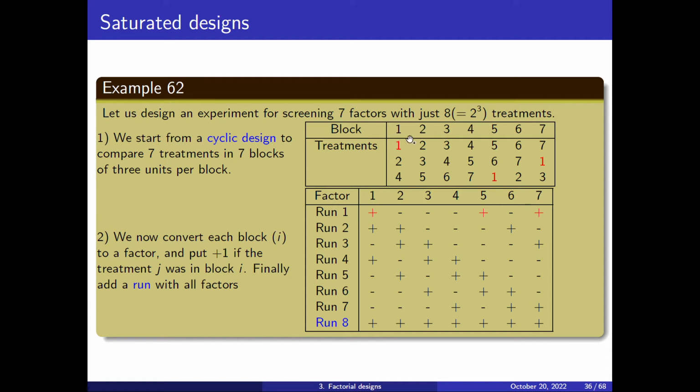So you start with a cycle with all the treatments from 1 to 7, and here I have marked 1 just for easy visualization. Now we cycle them, which means that we shift to the left.